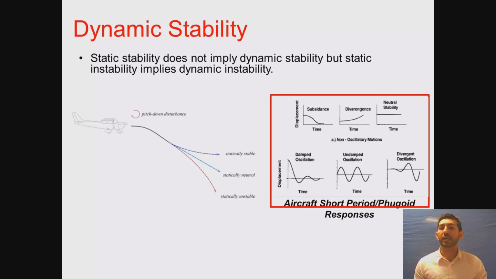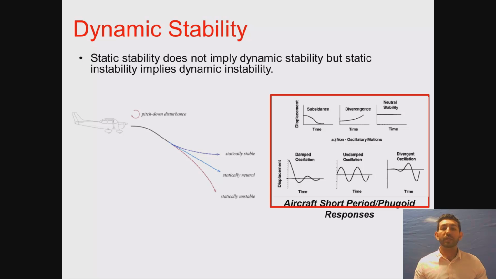Dynamic stability, on the other hand, is looking at the time response. So you have an initial response back, but you're looking at the stability of the aircraft over a period of time. Static stability doesn't always imply dynamic stability, but static instability does imply dynamic instability.